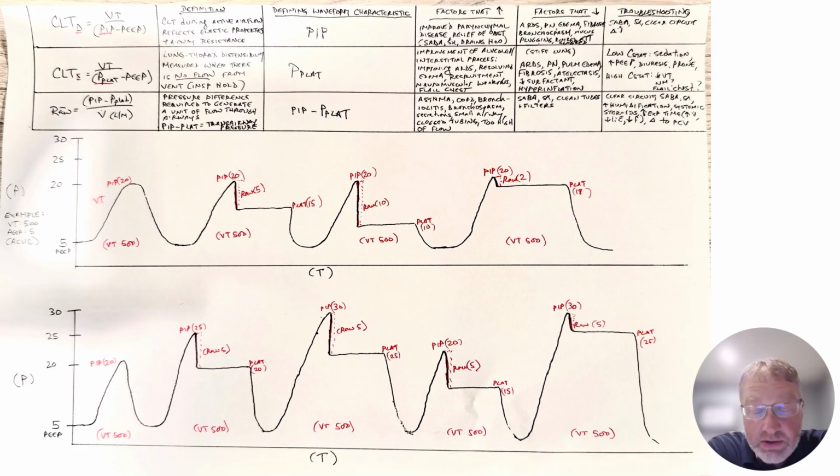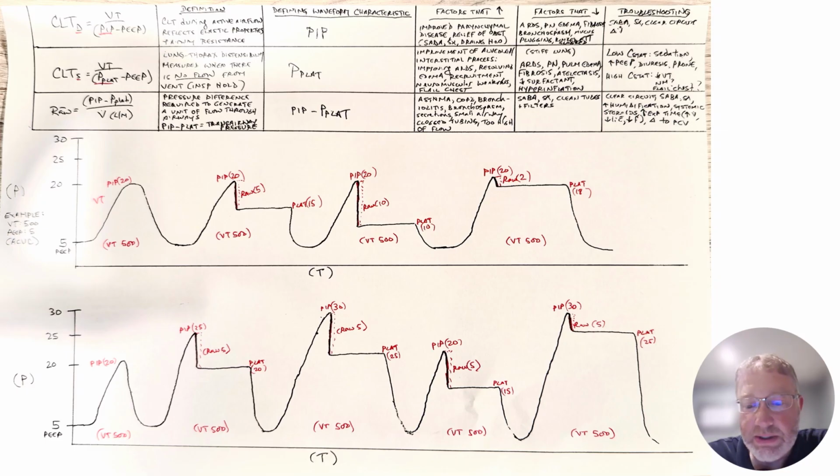Things that increase your dynamic compliance: any improvement of whatever interstitial lung disease the patient has, a relief of obstruction, and if you give a bronchodilator or suction or clean out the tubing if it's got condensation, rain out, secretions, a kink, anything like that.